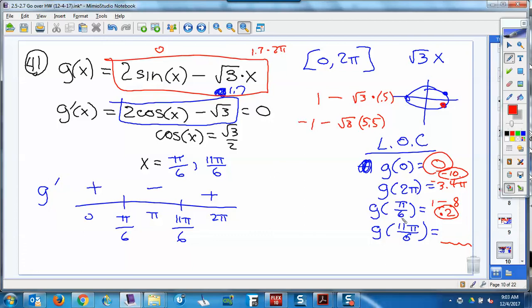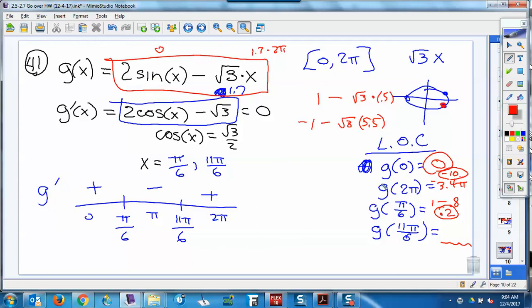Well, think about it, 11 pi/6 is pretty close to 2 pi. So you plug in 11 pi/6, but actually we could think about it, because what's happening after 11 pi/6? What's G doing? Going up. After 11 pi/6, G is going up. So which one of these has to be bigger if the graph's going up after 11 pi/6?